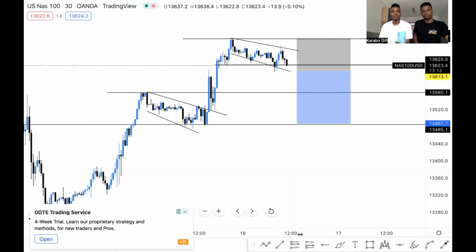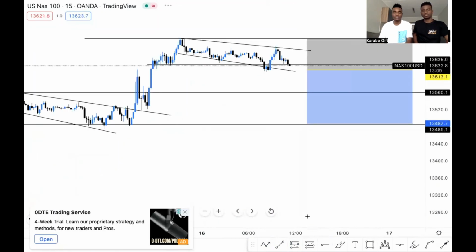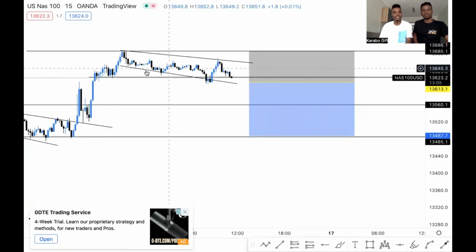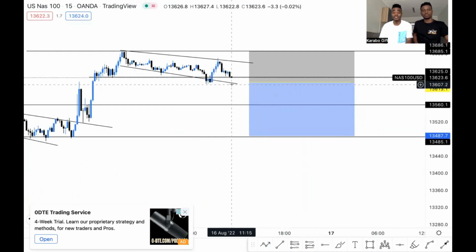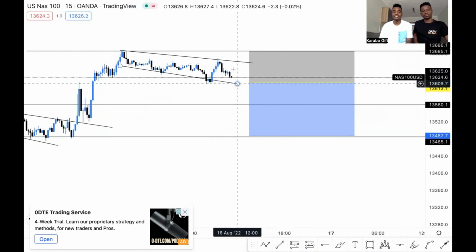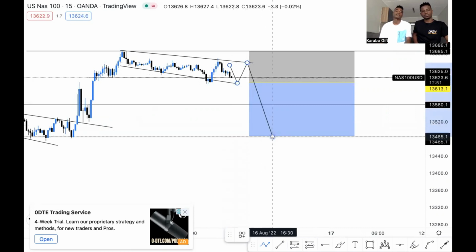So we're going to move to our M15 time frame so that I can show you very clearly. From this point you can see this trend is beautiful, but at the end of the day we're seeing things like buying here from this point. It means the market is going to move like this, then it comes here, then we push further downside.